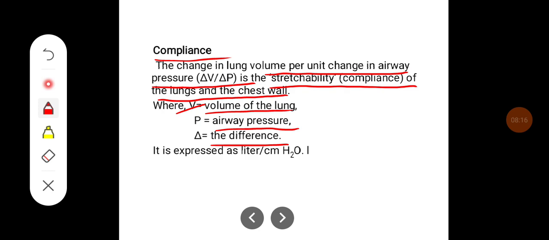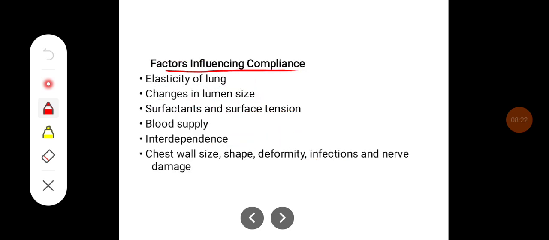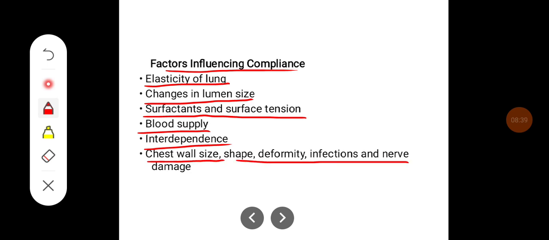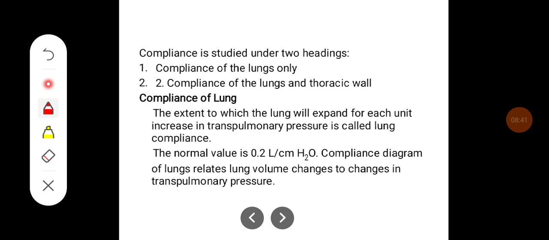Usually compliance is expressed in liters per centimeter of water. Some of the factors influencing compliance are the elasticity of the lung, changes in the lumen size, surfactants and surface tension, blood supply, interdependence, chest wall size, shape, deformity, infection and nerve damage.